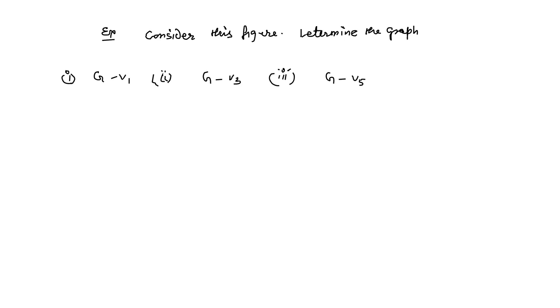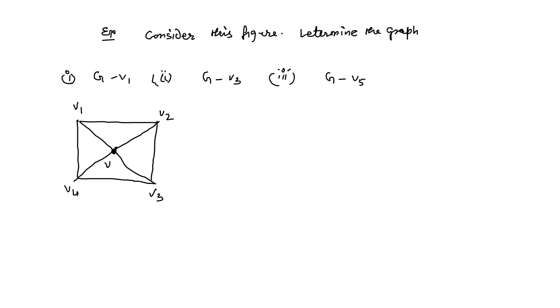So we can take an example of G. The graph G is given in this form, having five vertices: vertex V1, vertex V2, vertex V3, vertex V4, and vertex V5. So graph G has five vertices. This shows the graph G.